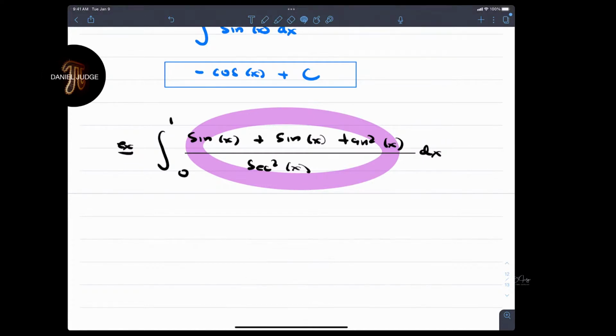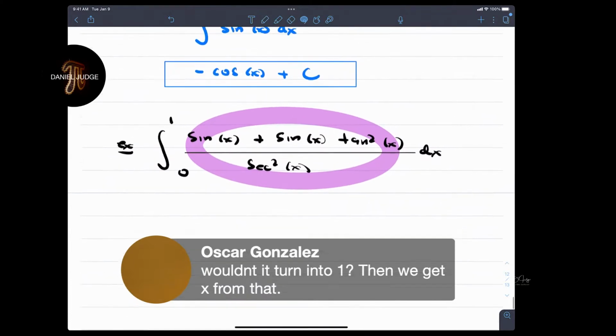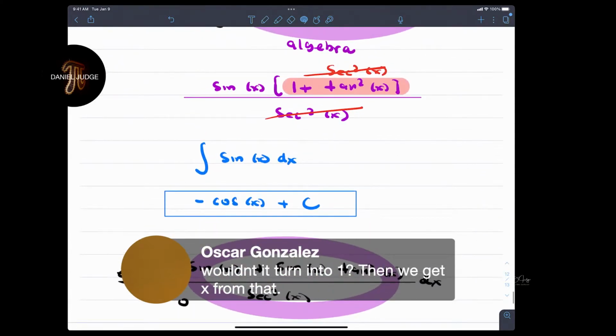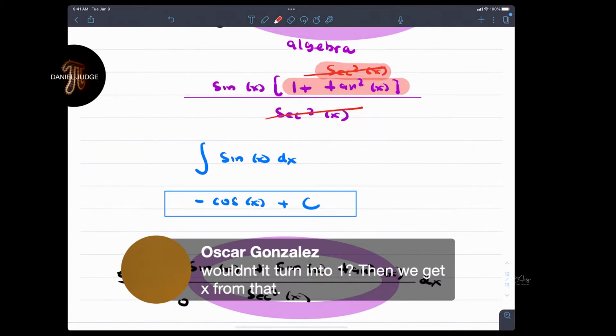So Oscar is saying something here. He's saying, wouldn't it turn into 1? And actually, Oscar, yeah, it does turn into 1. This is why I canceled here. This is secant squared over secant squared. That's canceled. But you're just left with the sine function now. And that's why sine is right here.